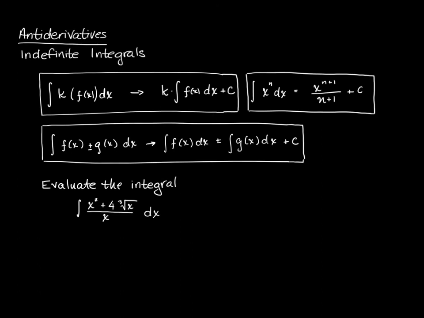In the same way that we learned how to differentiate many times by changing the form that the expression was in, that we wanted the derivative of, we can change the form that our integrand is in.